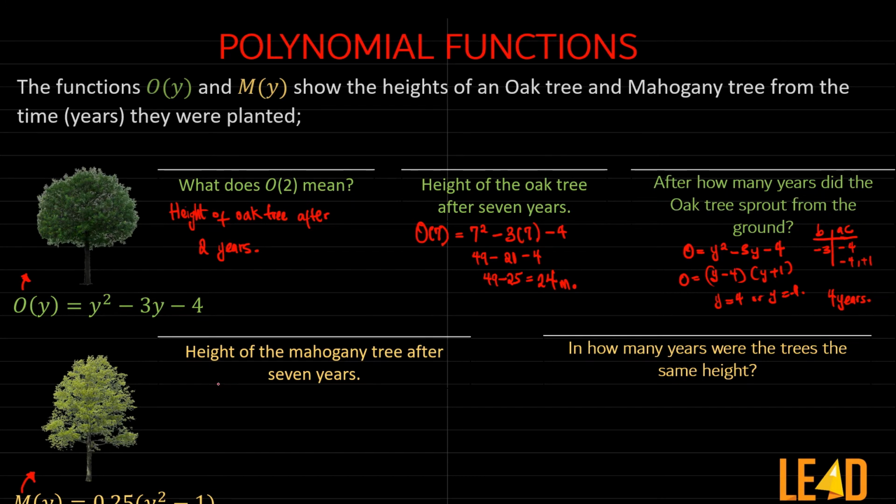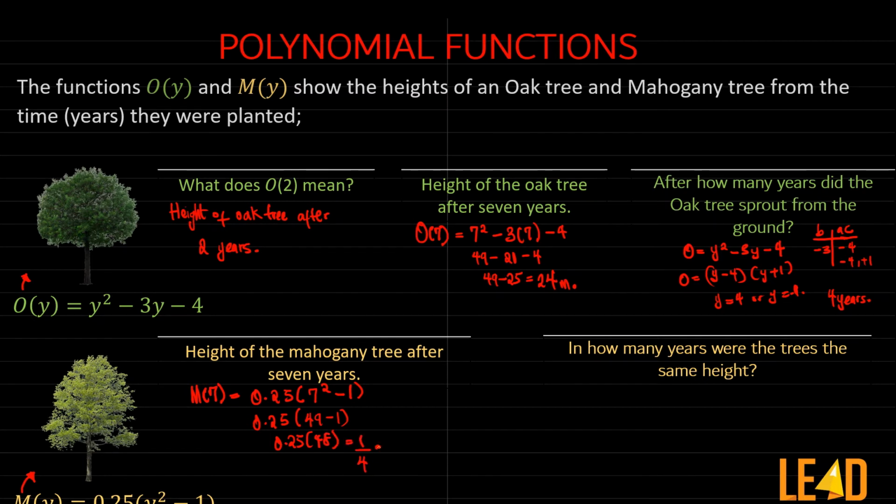Okay, height of the mahogany tree after 7 years. Okay, so this is straightforward. M of 7, which is 0.25 open the bracket, 7 squared minus 1, which would be 0.25 multiplying 49 minus 1, which would be 0.25 by 48. 0.25 I know is 1 over 4, right?